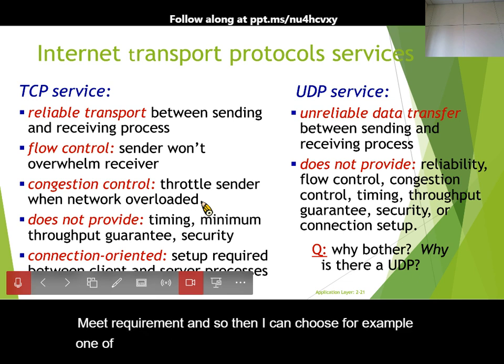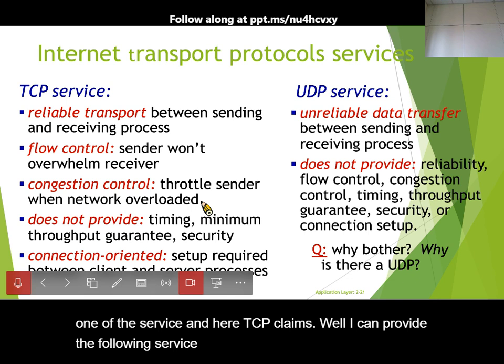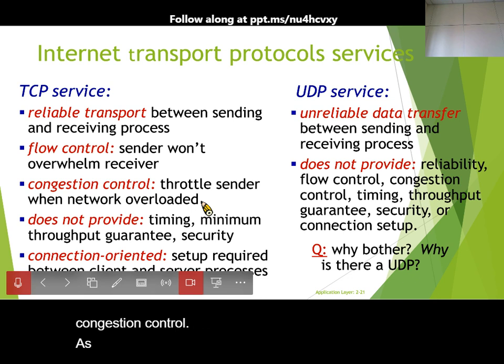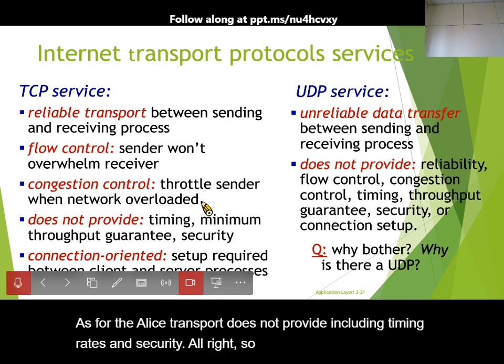And here TCP claims: I can provide the following service: reliable transfer, flow control, congestion control. As for the others, transport does not provide, including timing, rate, and security. So this is the service claimed by TCP.